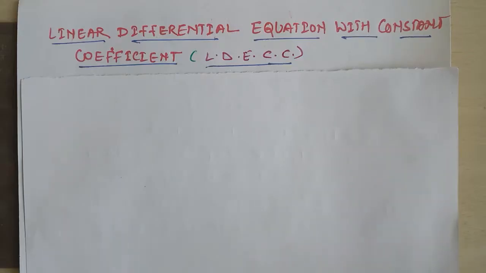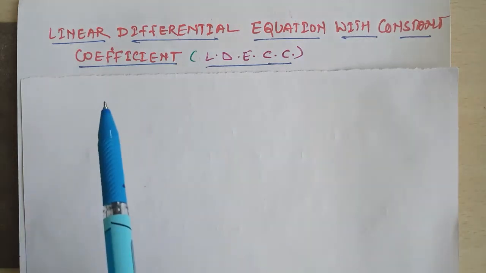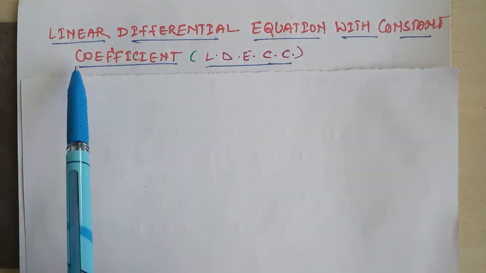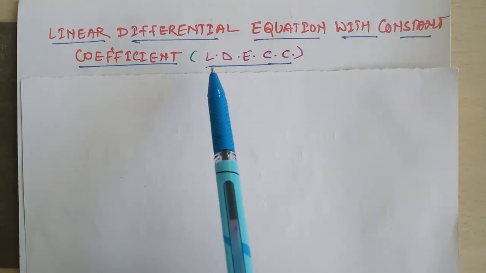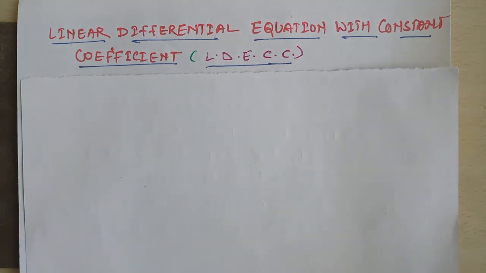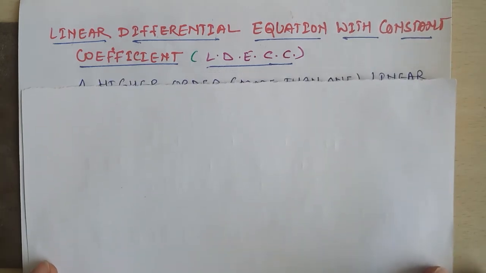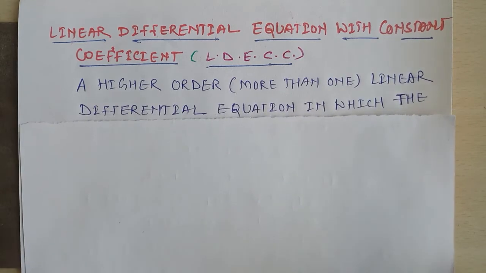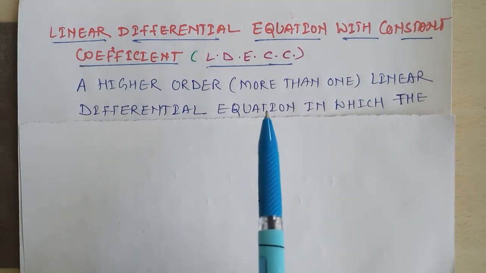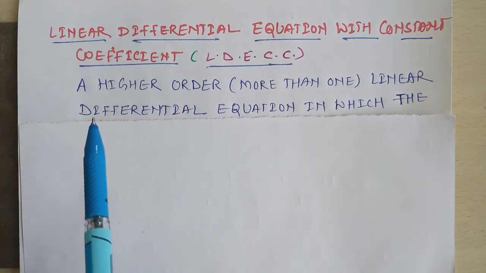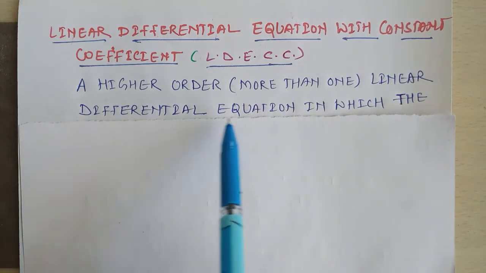Now we define linear differential equation with constant coefficient. In short, we write LDECC. So, what is linear differential equation with constant coefficient? The definition is a higher order linear differential equation. Higher order means the order of the differential equation must be more than 1, and further the differential equation must be linear.